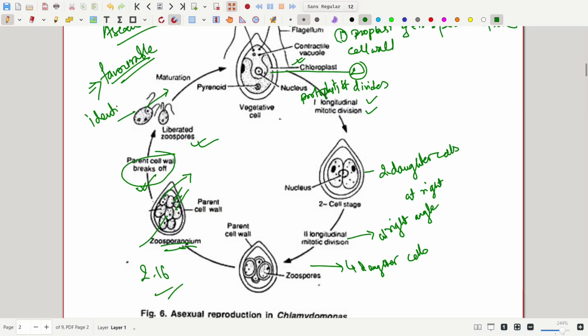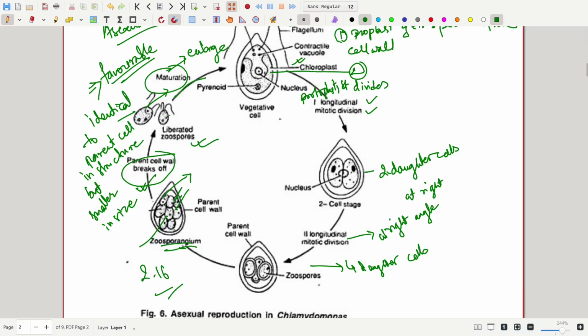They are identical to the parent cell in structure, but they are smaller in size. So this happens up to here. Then the zoospores simply enlarge, that is the maturation phase.